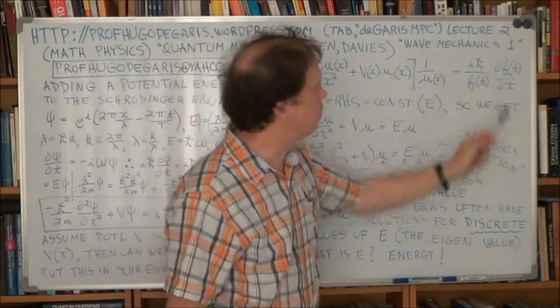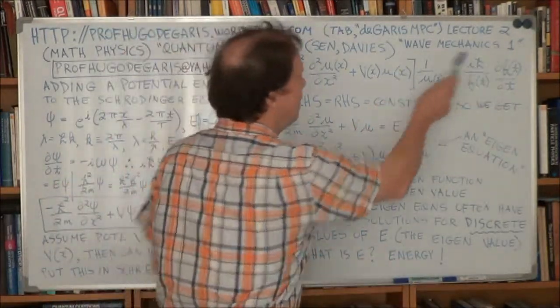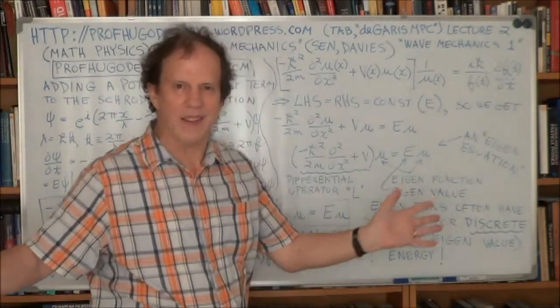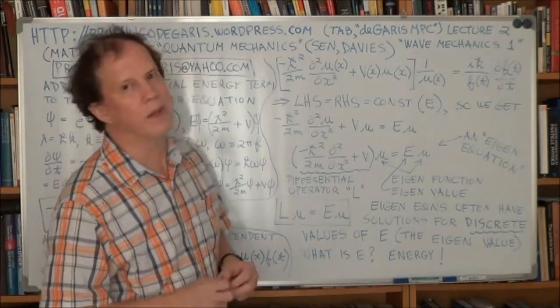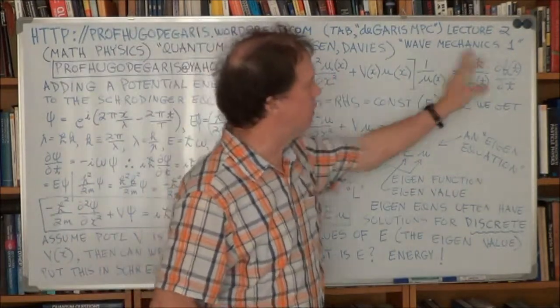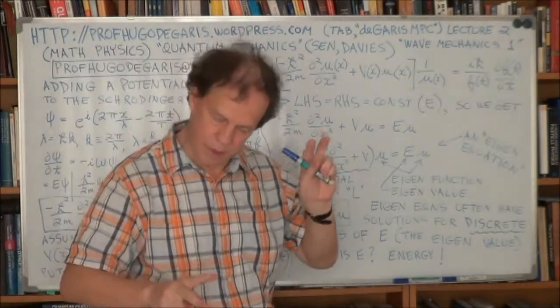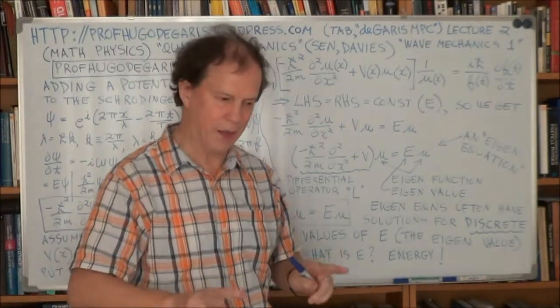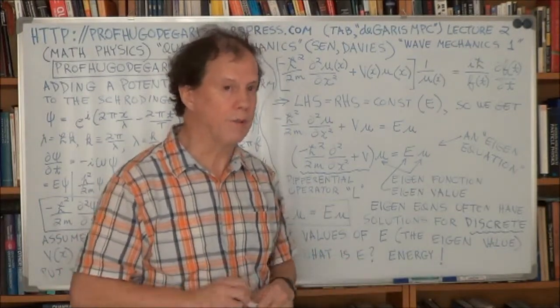Now, x and t are totally independent things. So there's only one way that the left-hand side and the right-hand side can be equal, and that is if they are both equal to a constant. It's the only way it's possible.